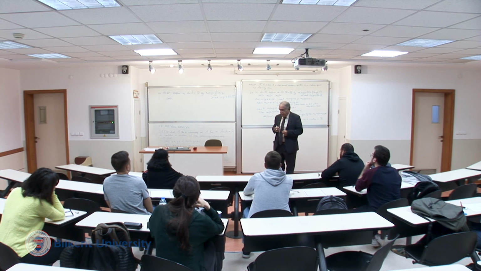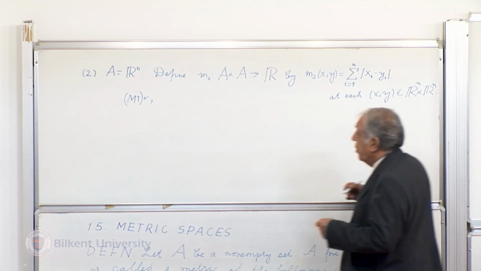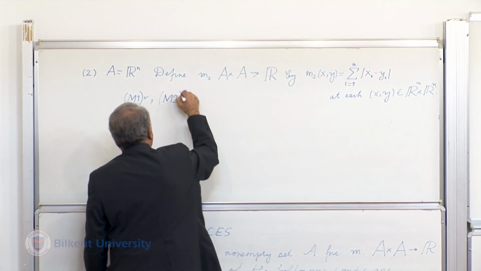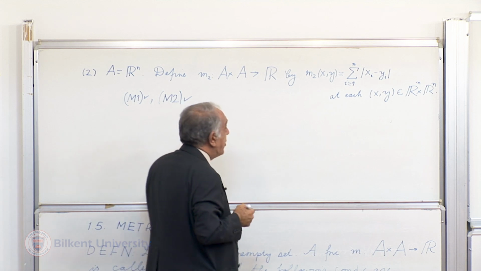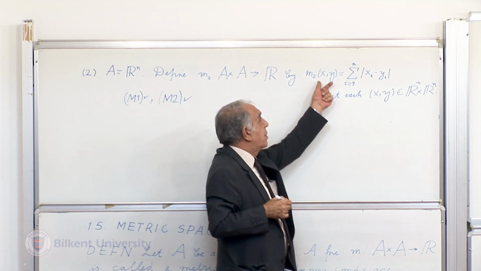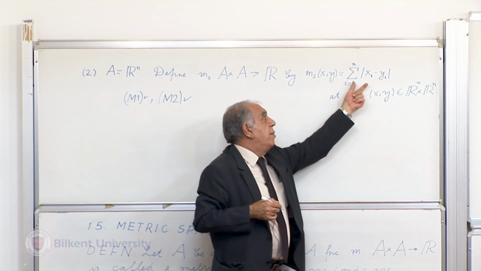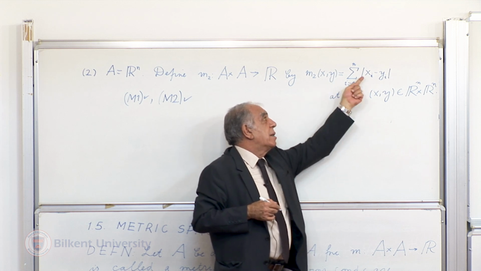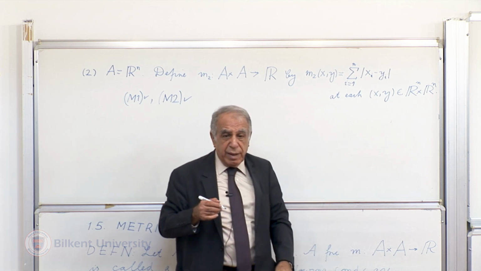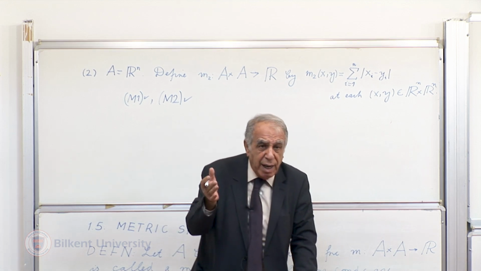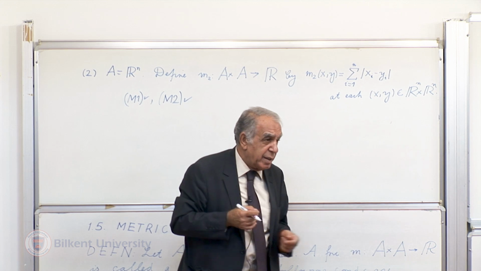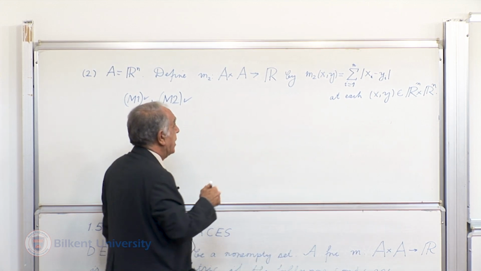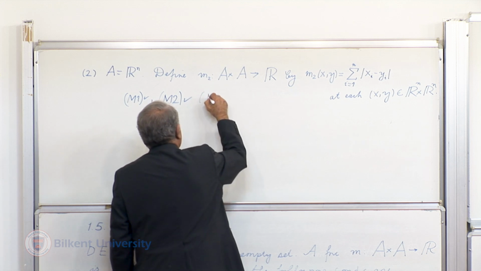Thus the two vectors are the same, so M2, that's also satisfied. For M3, well, xy and yx: in one case you have this, but in the case of yx, the absolute value of yi minus xi, but the two absolute values are the same because the expression is multiplied by 1. M3 as well.